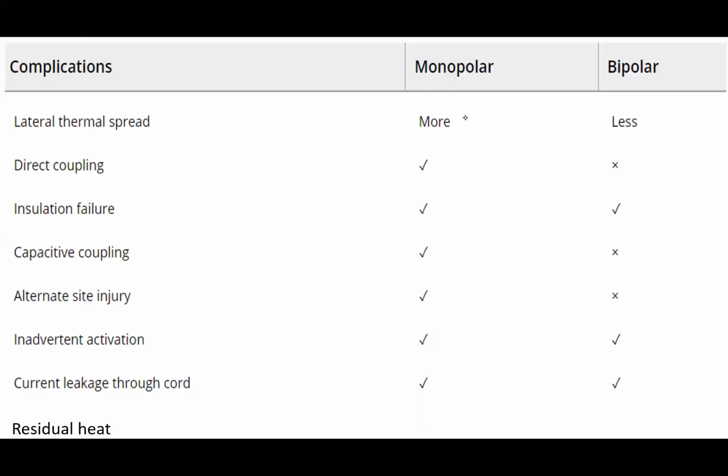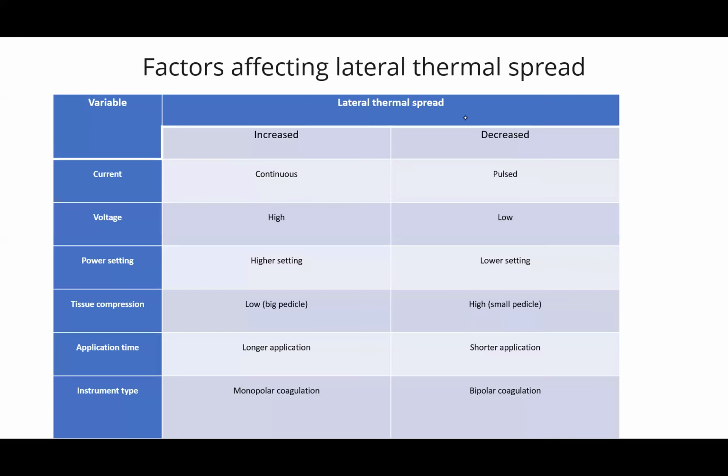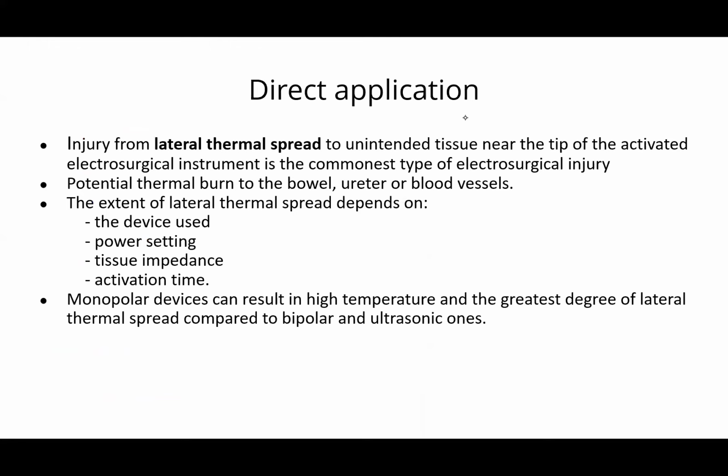Capacitive coupling, alternative site injury, inadvertent activation, okay? Current leak through cord, residual heat. These are all complications that are seen with the use of all these energy devices. But we will just talk on 2 or 3 of these complications. Then we will now end the lecture.